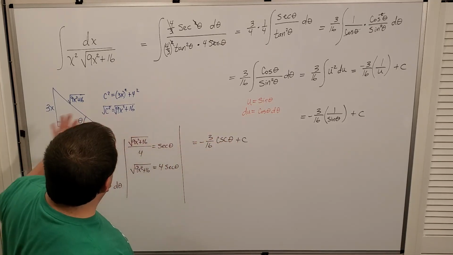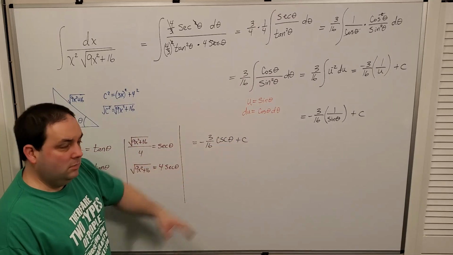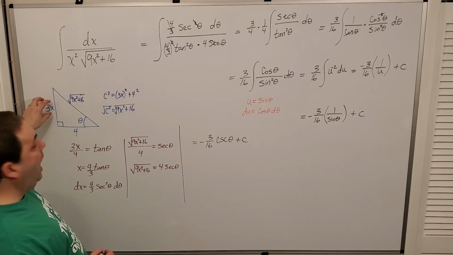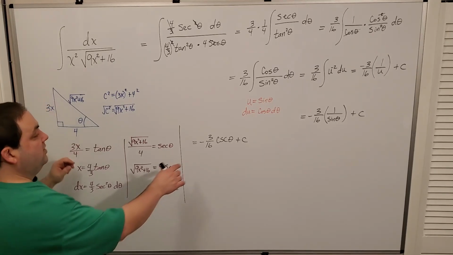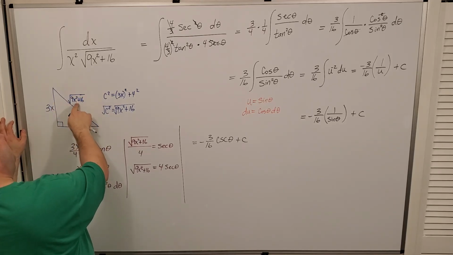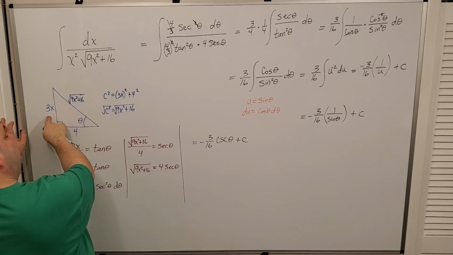Okay, then I come back one more layer. Cosecant of an angle is the hypotenuse divided by the opposite. So this cosecant of theta right here is just the division of this hypotenuse by this opposite of the angle.